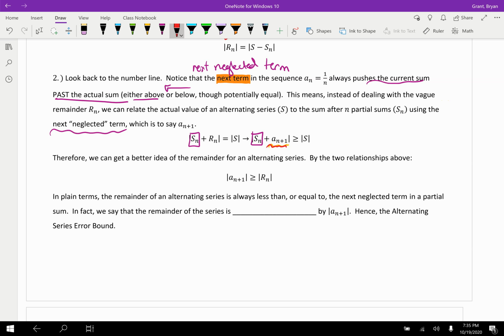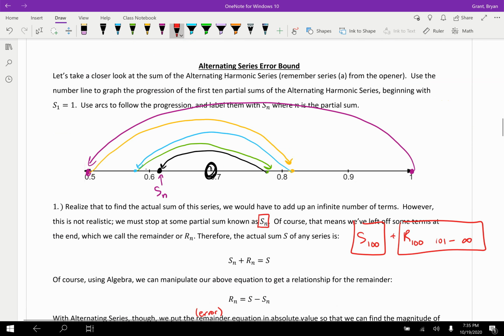So therefore, we can get a better idea of the remainder, the actual value that we add to the partial sum we wrote to get to the actual sum. We know that this term is bigger than the remainder because, and again, showing you a visual here, I'm adding one term to get over here.